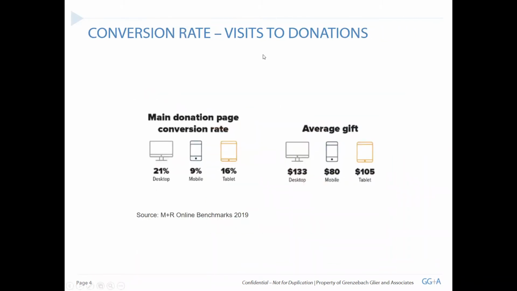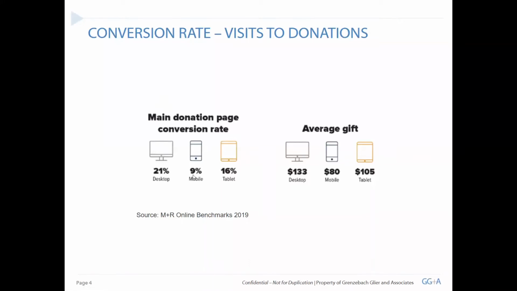So we talked about the conversion rate, and it varies according to platform. As you might expect, desktop has the highest conversion rate at 21%. The problem is that there's a big shift away from desktop nowadays. Very few people now are accessing websites on desktop compared to on mobile or tablet devices.